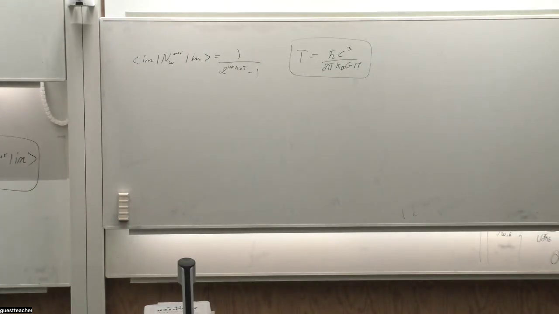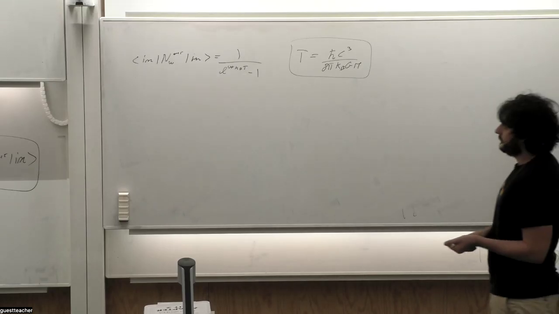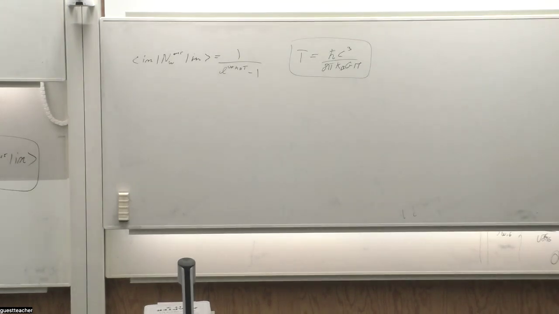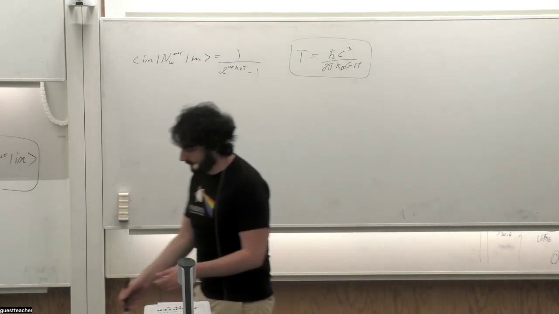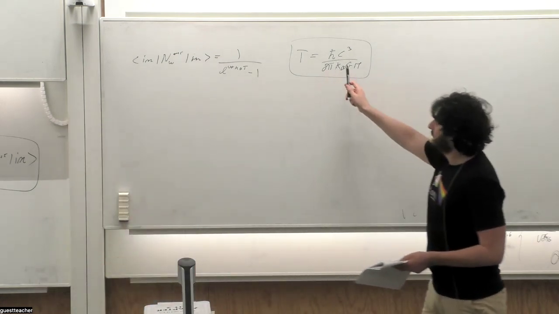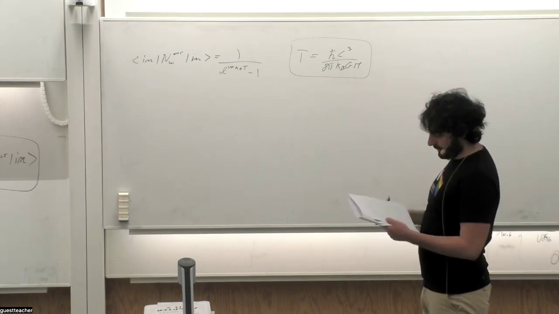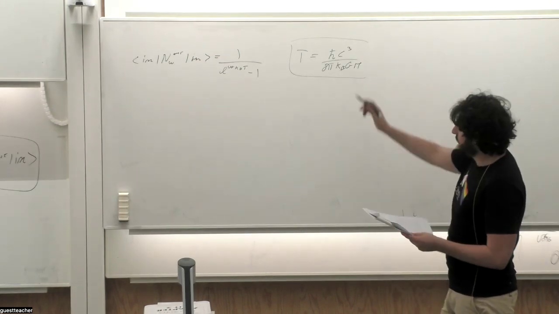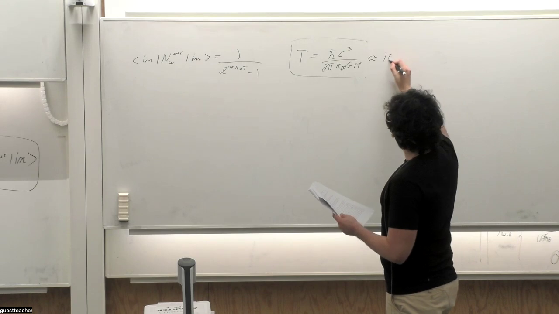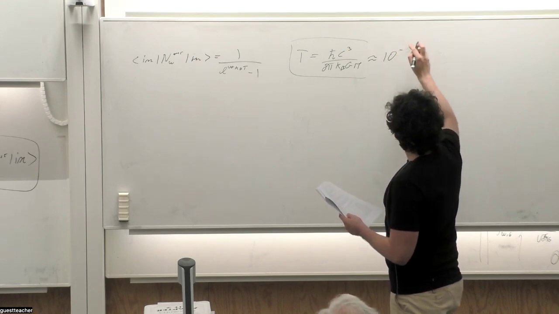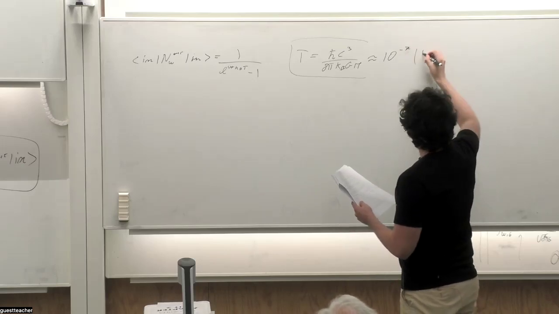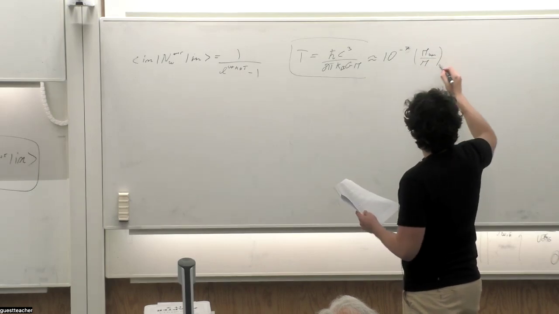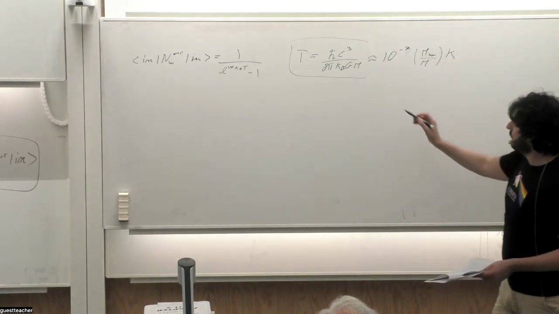But let's first... it's instructive to put some numbers here. We are physicists, so it's good to put some numbers. I'm not going to do that in detail because it's difficult to put numbers now. But if you put the value of the constants, you get 10 to the minus 7 times the mass of the sun over the mass of the black hole, Kelvin, just renormalizing the result to the mass of the sun.